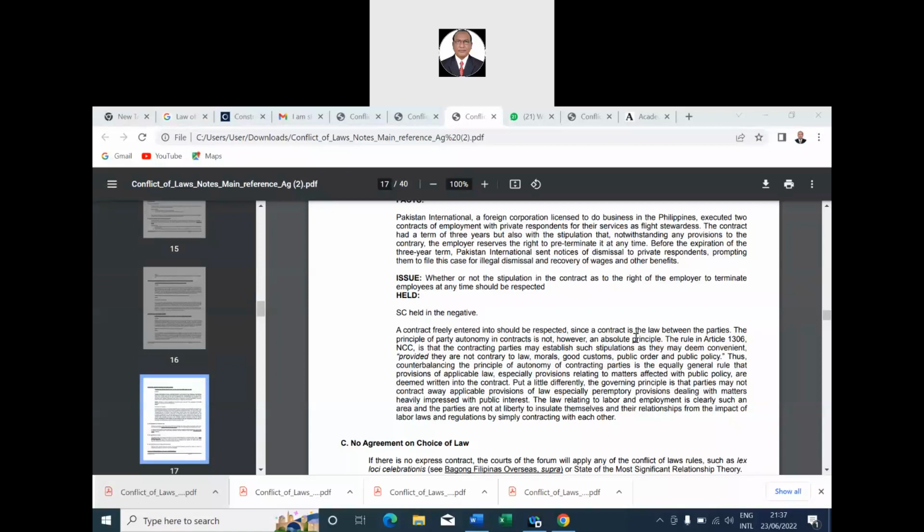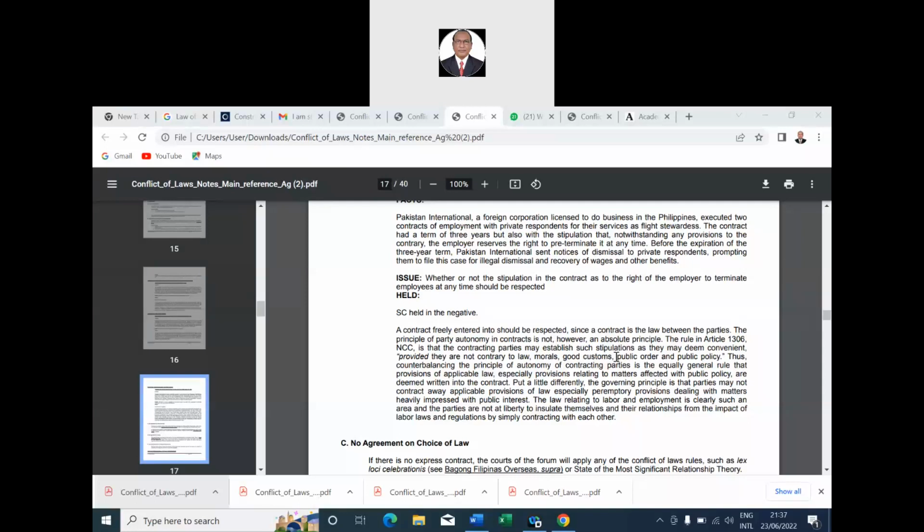And since a contract is the law between the parties, the principle of party autonomy applies. However, it is not an absolute principle. The rule in Article 306 NCC is that the contracting parties may establish such stipulations as they may deem convenient.